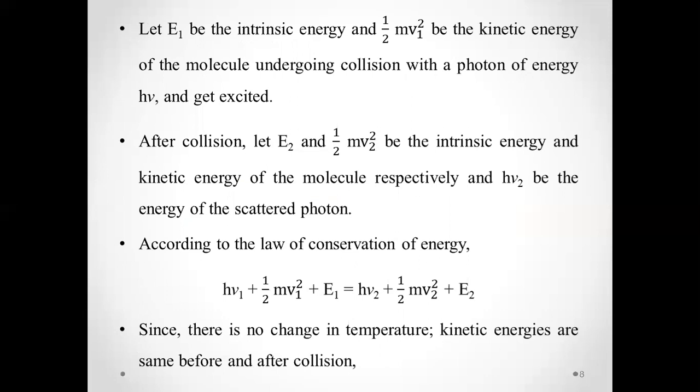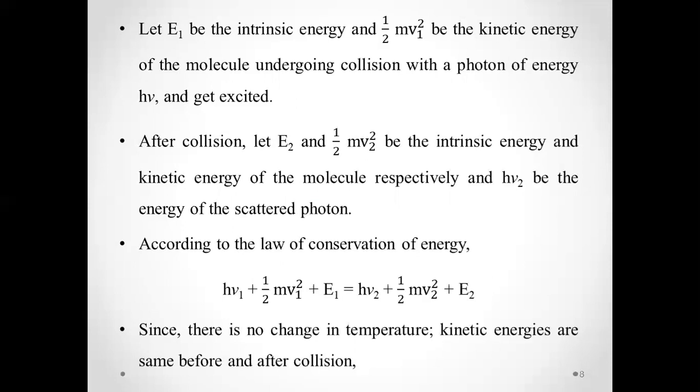After collision, let E2 and half m v2 square be the intrinsic energy and kinetic energy of the same molecule respectively, and h nu2 be the energy of the scattered photon.